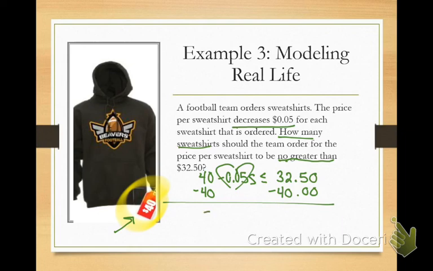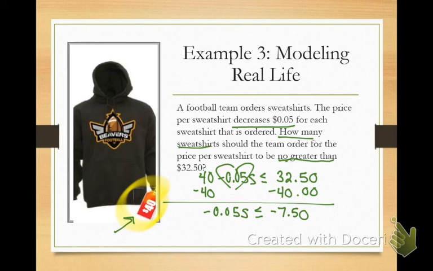Okay, so I get negative 0.05s is less than or equal to what is 40 minus 32.5? Not 8.50, 7.50. And it's negative 7.50. Okay? Basically, the price needs to decrease by $7.50.